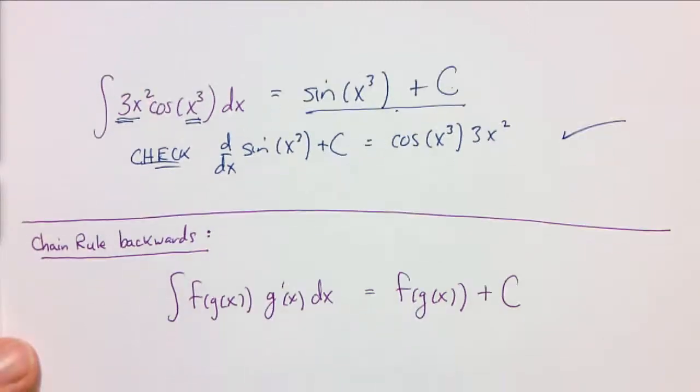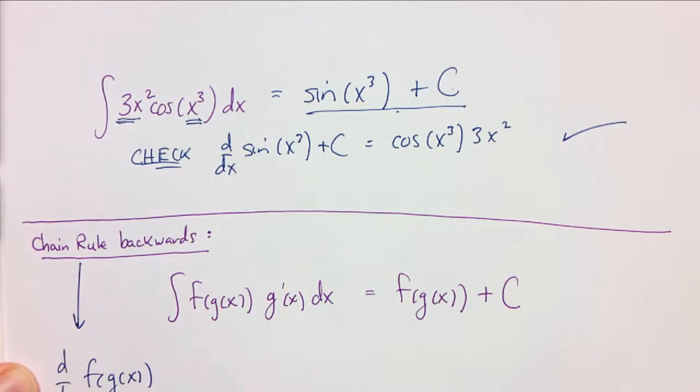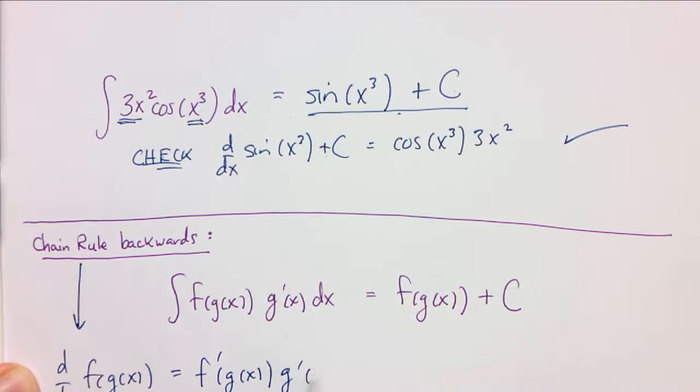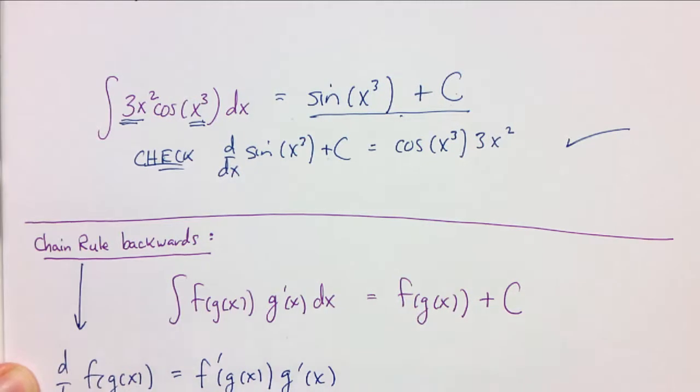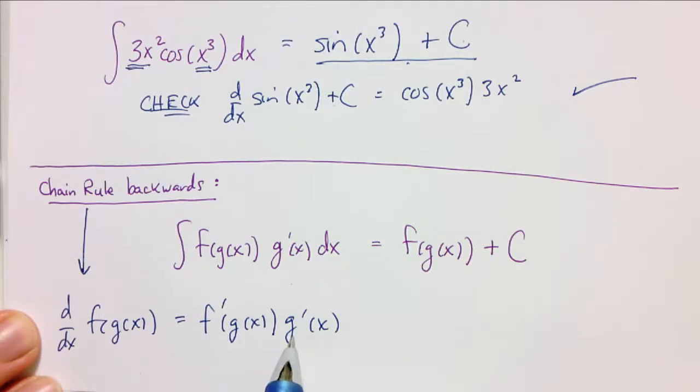Much of what we want to do in this section is figure out how to undo the chain rule. Remember the chain rule: the derivative of a composite function, where I have an inside and an outside function, is the derivative of the outside function, leave the inside alone, times the derivative of the inside function. Every differentiation rule is also an anti-differentiation rule.